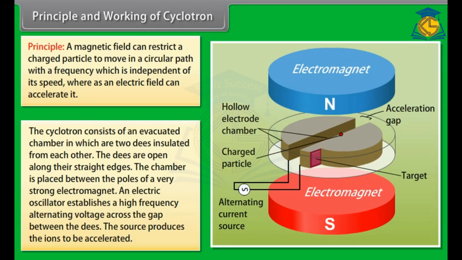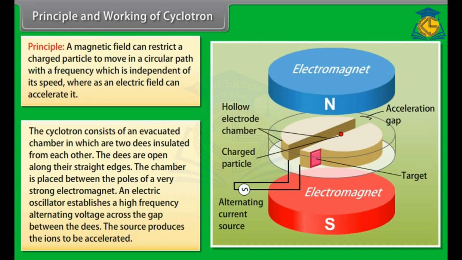The Ds are open along their straight edges. The chamber is placed between the poles of a very strong electromagnet. An electric oscillator establishes a high-frequency alternating voltage across the gap between the Ds. The source produces the ions to be accelerated.